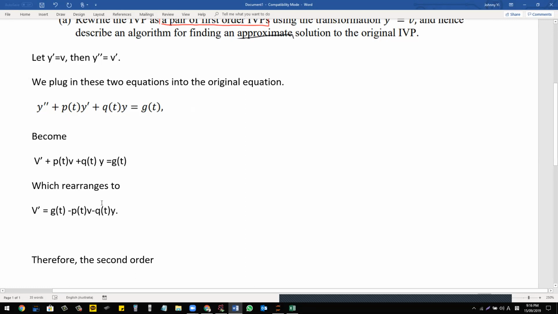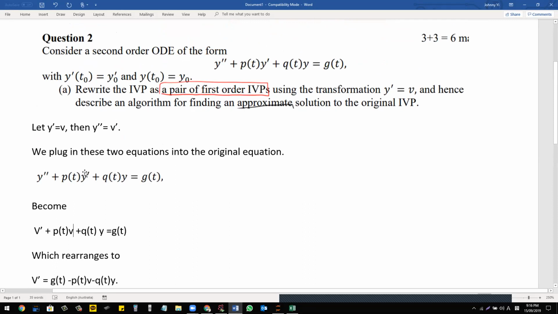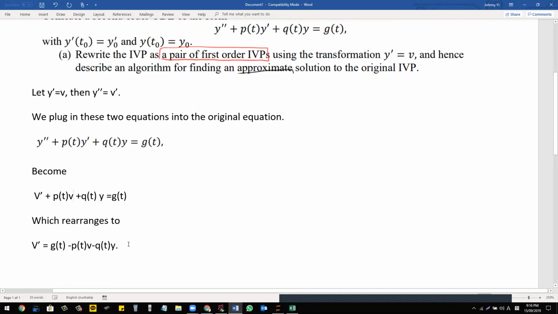Let's put it in terms of y. So y dash is replaced by v, and y double dash is replaced by v dash. This one is v, this one's just y. And you move it over. So this is our equation 1.